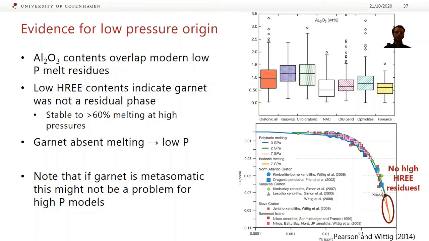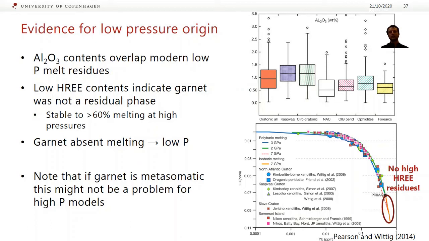Some more evidence for low pressure origin. So the aluminium contents overlap modern low pressure melt residues. In the top picture here, you can see it's a compilation of all cratonic peridotites, the Cap-Val Craton singled out, cratonic peridotites, the North Atlantic Craton singled out, and then a variety of modern oceanic mantle residues.